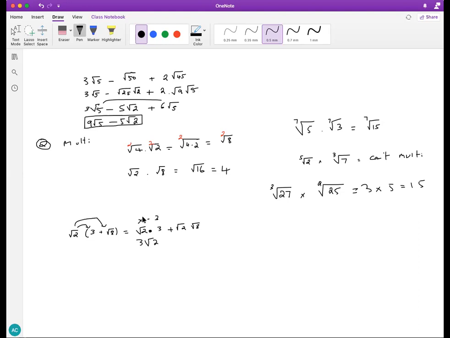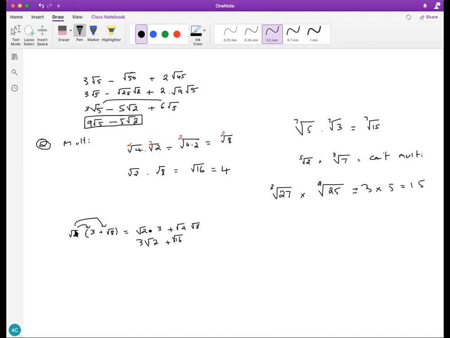When you say x times 3, just say 3x. Same thing here. When you have a radical times a number, just bring that number to the front. So this is 3 times radical 2. Again, do not make the mistake of making it 6. It's not 2 times 3. It's not 6 because this one does not have a radical. But with these two, they both have radicals, same index, we can multiply these. We can say radical 16.